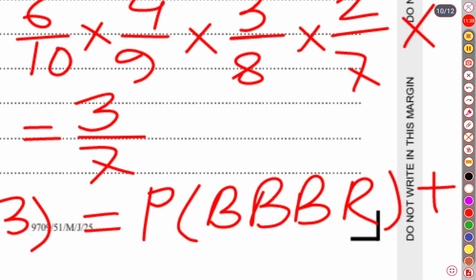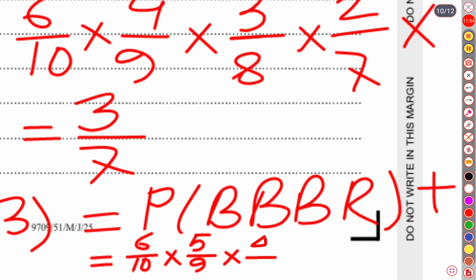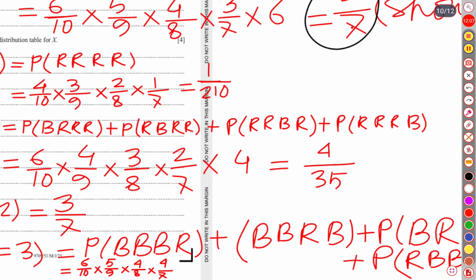So what are the probabilities? First one is blue, that means 6 over 10, then 5 over 9, then 4 over 8, then the final one is red. There are 4 red marbles and total number is 7. How many such possible cases are there when there are 3 blue marbles?